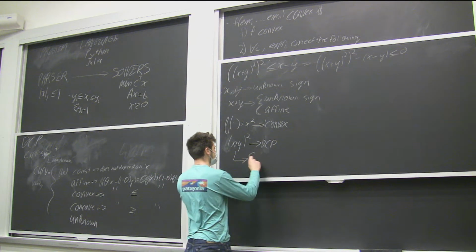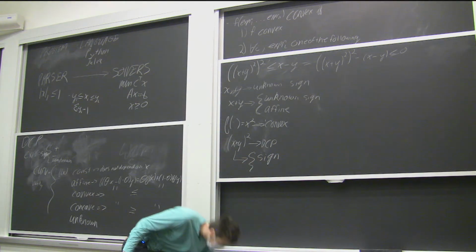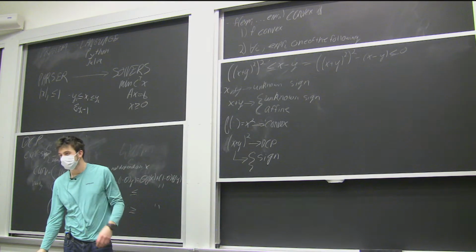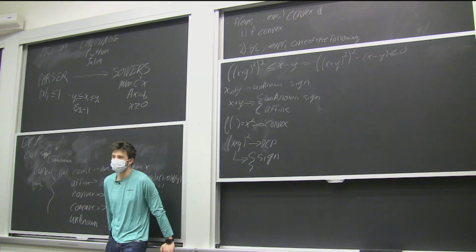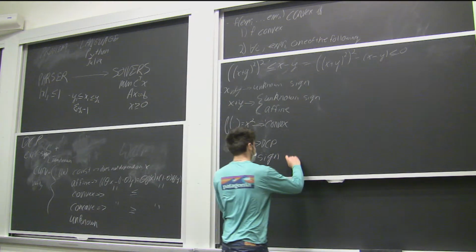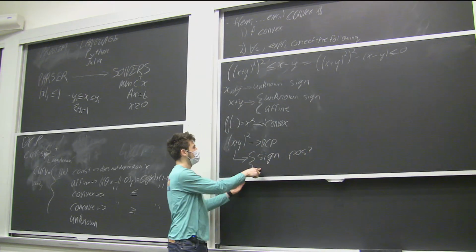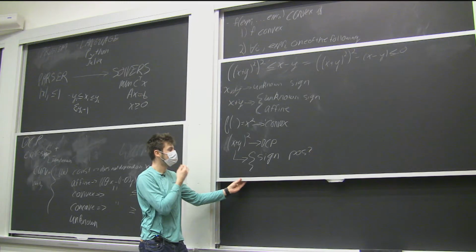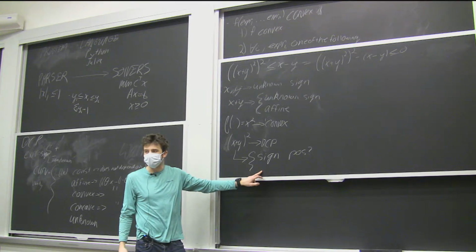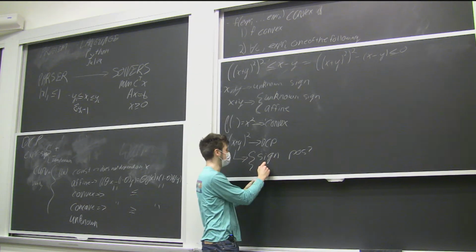What is my sign right now, according to the DCP rules? Talk about this. What is the vexity right now? It's convex.